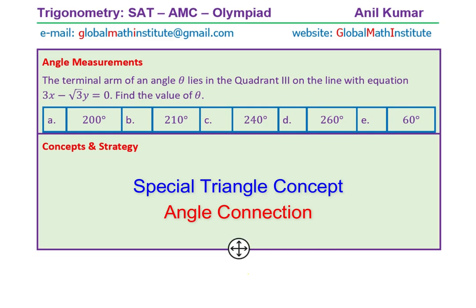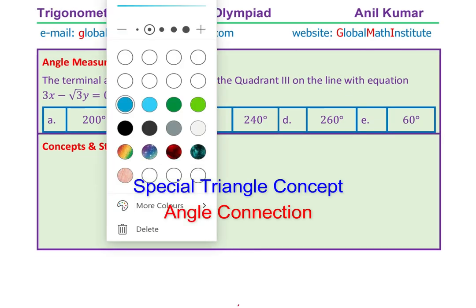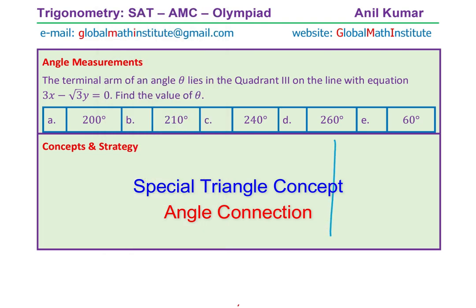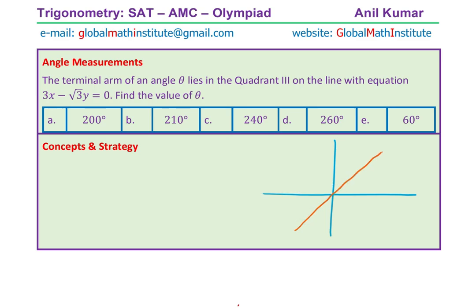So once again, let's get into this diagram, right? So what we did here is something like this. We had this, so we dropped a perpendicular. Let me use a different ink here. Right?